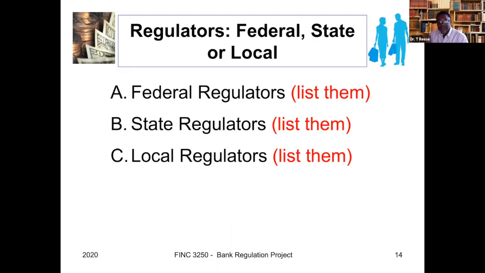Put a list of federal regulators and put them in black font. If there are any state regulators, list them. If there are any local regulators, list them. But again, get rid of my parenthetical comment where it says list them. I'm talking to you in the final version of the PowerPoint presentation. Delete the red font and list any regulators that are either federal, state, or local.